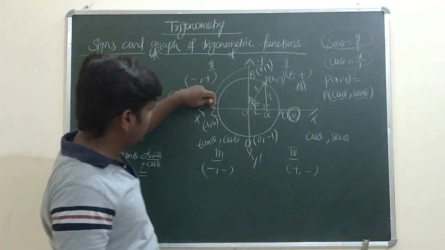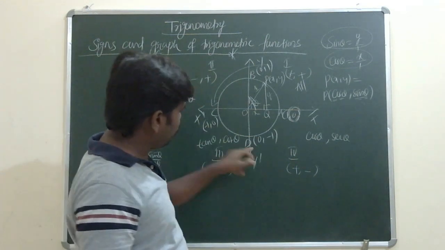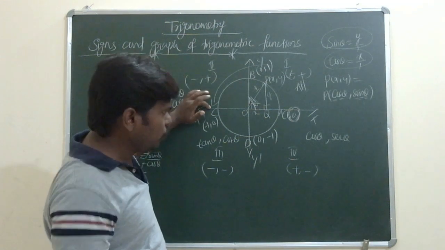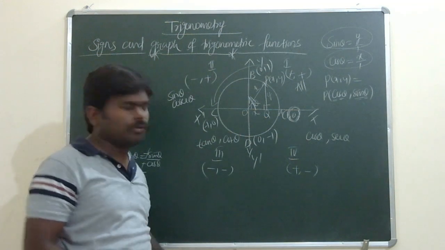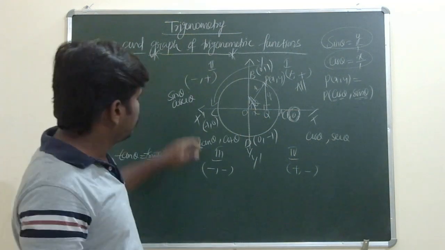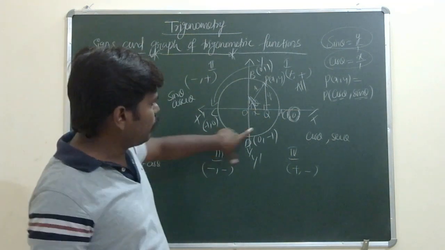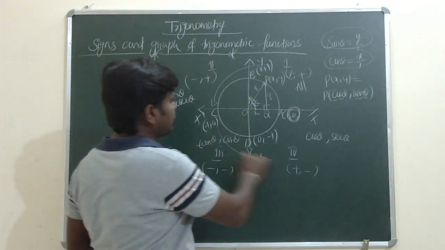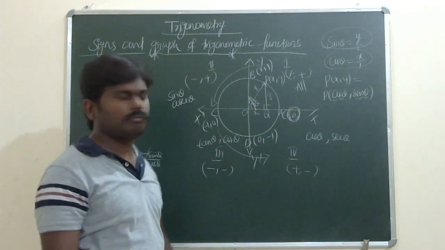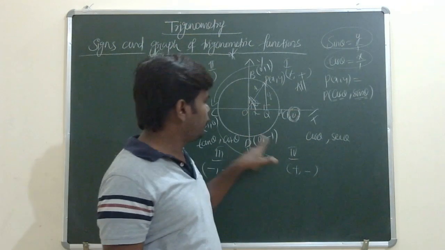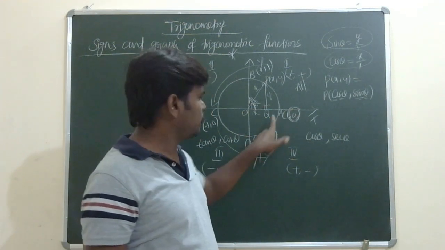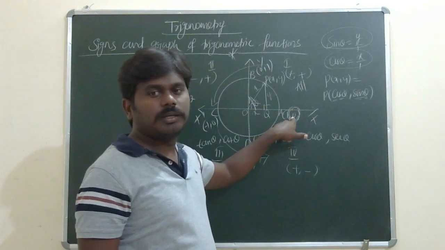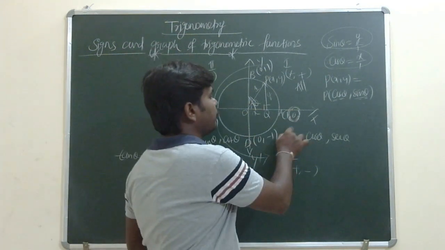From the third quadrant, from pi to 3 pi by 2, or 180 to 270 degrees, the value goes from 0 to minus 1, so it is still decreasing. From 3 pi by 2 to 2 pi, it goes from minus 1 to 0, so it is increasing.